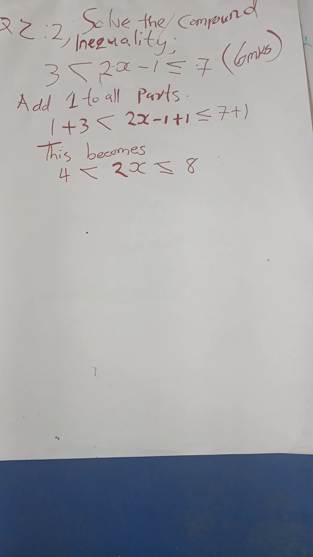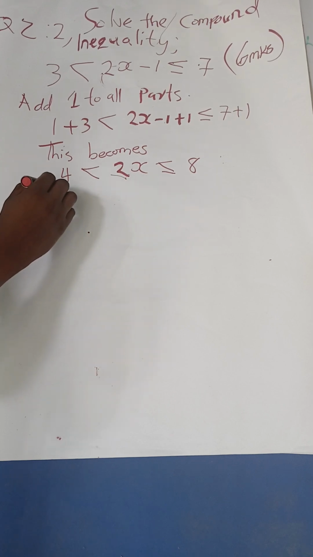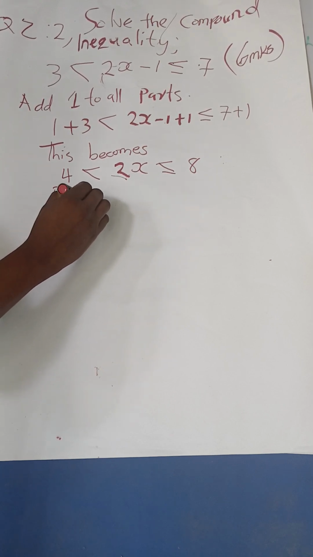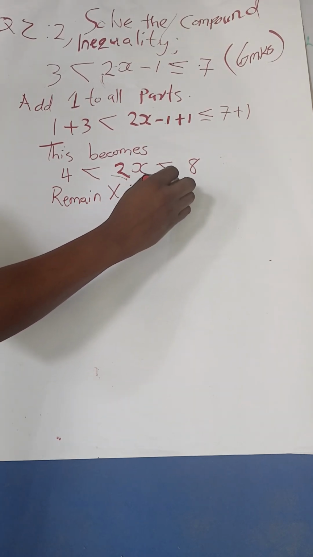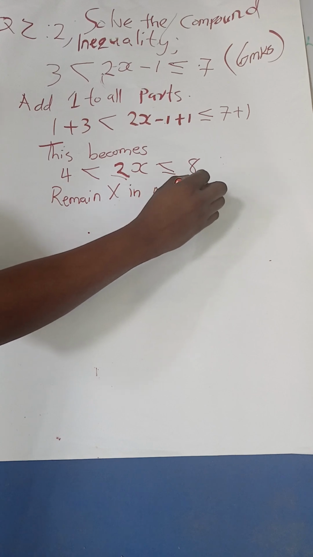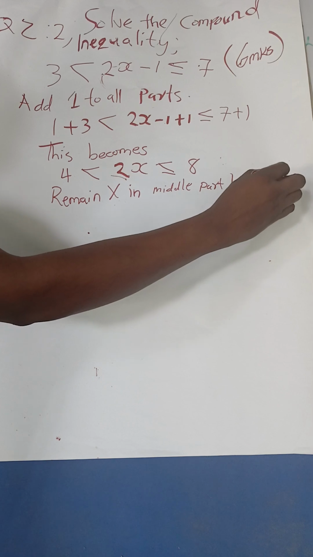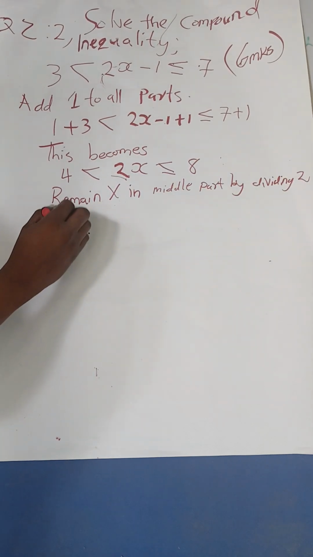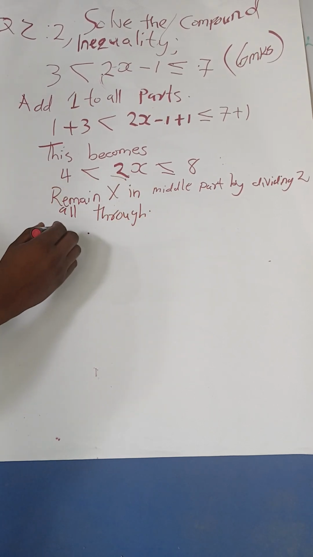Next, we have to remain with x in the middle by dividing through by 2. So we divide 2 all through.